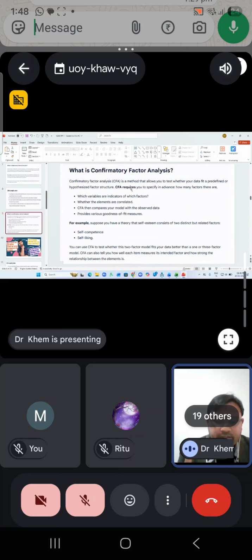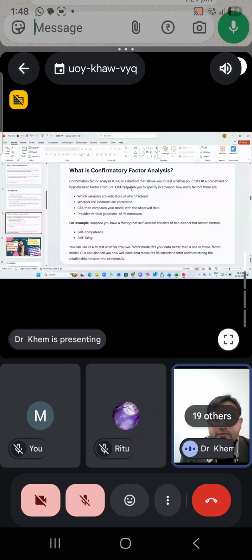The three factors are there. So whether we are talking about manufacturing sectors, consumer perception towards AI, customer satisfaction towards the mobile phone industry, or customer attitude towards online shopping, every theory has certain factors.